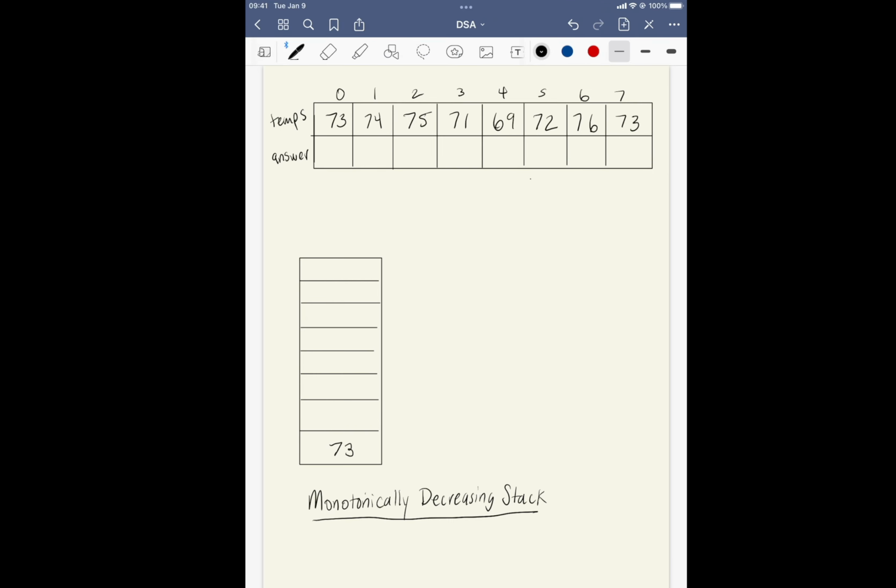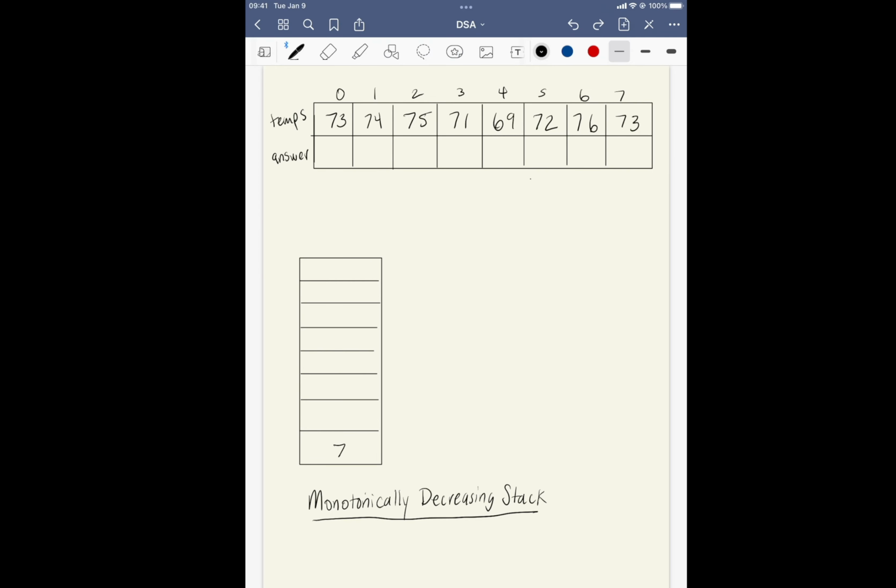So 73 is on the stack, and we can't put 74 on the stack because that would make this stack increasing. So we have to pop off of the stack before we put 74, and then we have 70. Then we can put 74 on the stack and continue on that way.